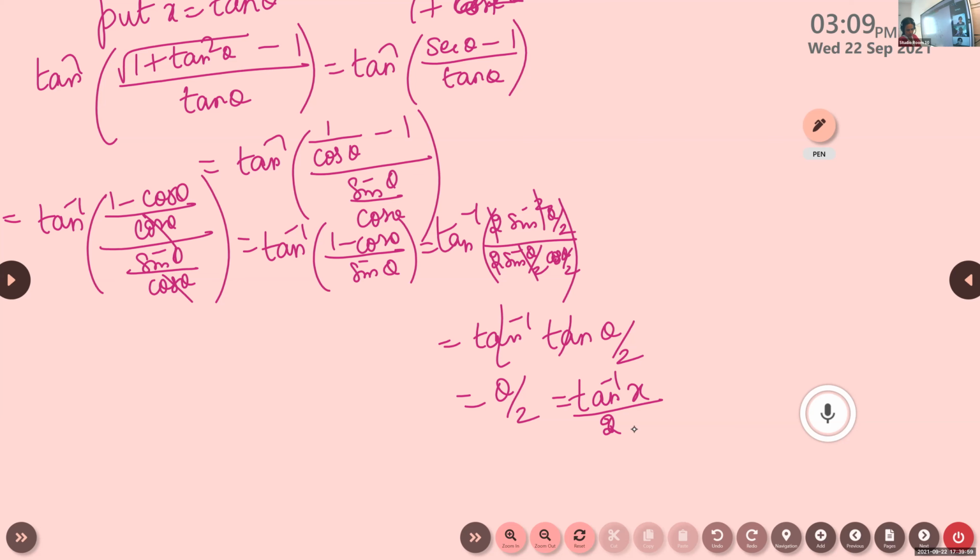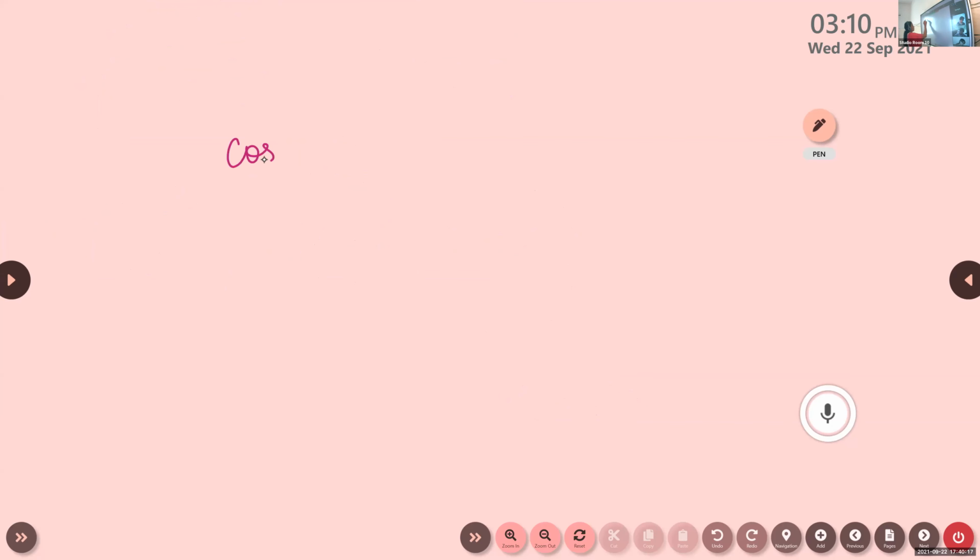Okay, write the next one. Cos inverse of cos 3 pi by 2 is equal to dash.